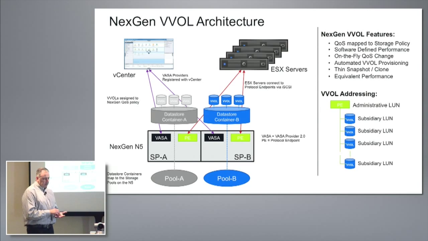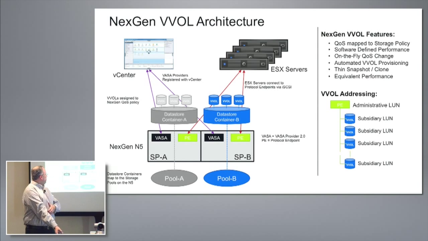On our NexGen N5, there's 2 storage pools, one for storage processor A, one for storage processor B. And then we map those to data store containers for virtual volumes, and I'll show you how that's done in a moment. But it's a one-to-one mapping, so you end up with 2 data store containers, out of which we provision virtual volumes.